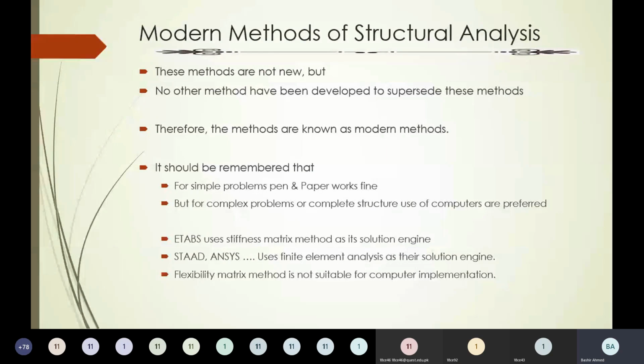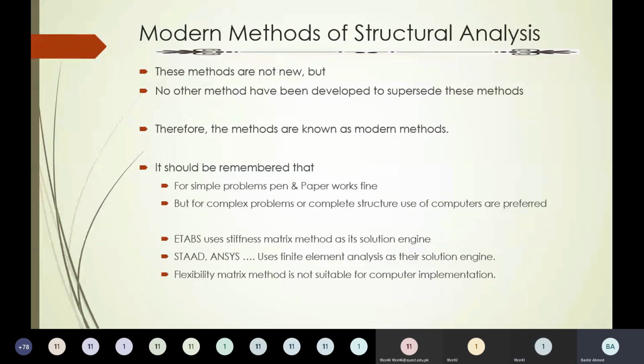But one thing: no matter how good I am at using a software, no matter how good the software is, every time the software gives results, it's my duty to randomly check one or two members to verify the results are correct. That's the reason.